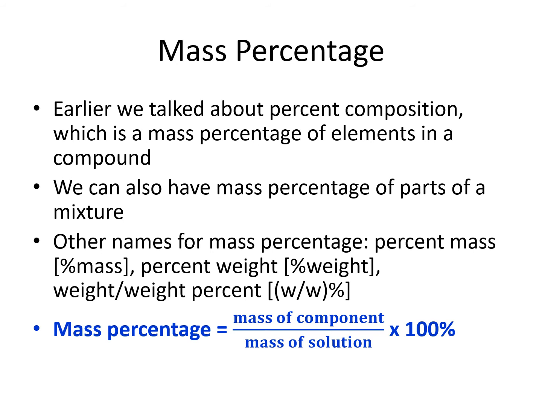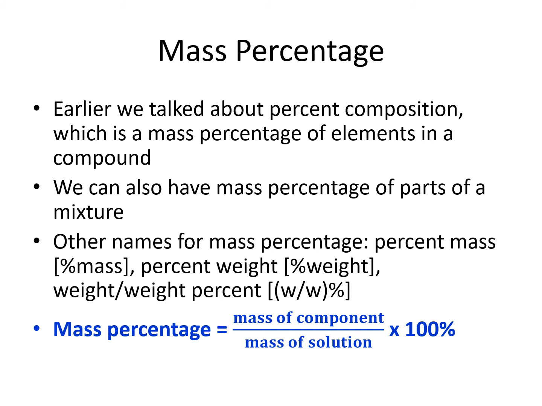We've already talked about percent composition of elements within a compound, and that would be grams of the element divided by grams in the compound times 100. We can also do that same type of mass percentage, or percent composition, for parts of a mixture. We just don't typically use the term percent composition.